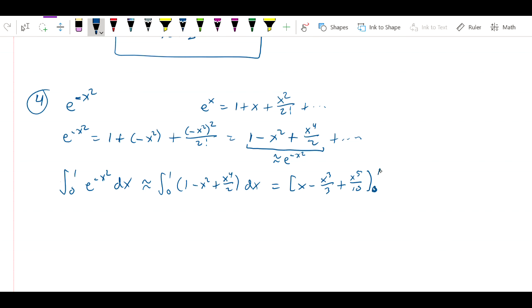And we're doing that from 0 to 1, so when we plug in the zeros, we're just going to get zeros. So this is going to be 1 minus 1/3 plus 1/10. Finding a common denominator of 30, I get 30 over 30 minus 10 over 30 plus 3 over 30. And that gives me 23 over 30. So that's the approximation that we're looking for.